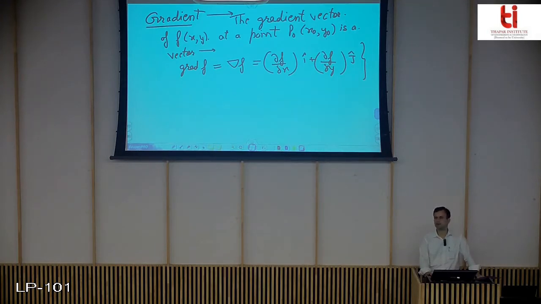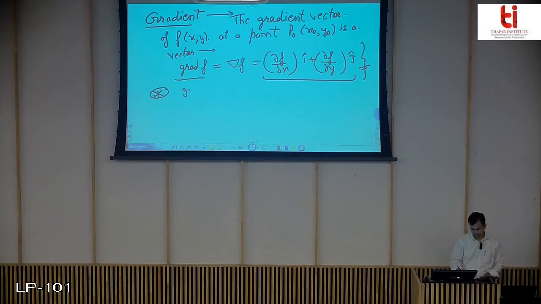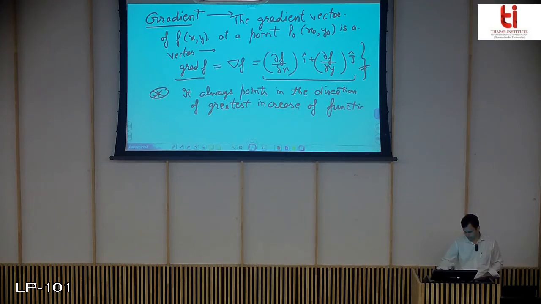However, when a function has more than one variable, its derivative is given by the gradient. An important point regarding the gradient is that it always points in the direction of greatest or maximum increase of the function at a given point.